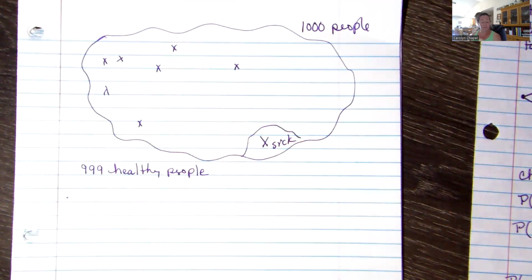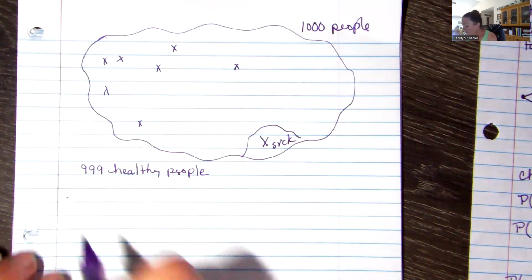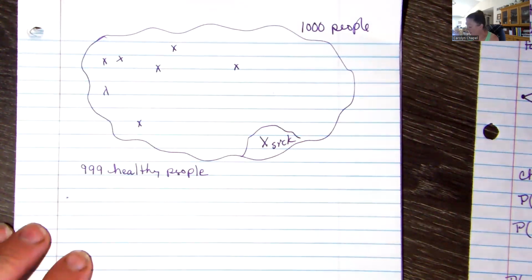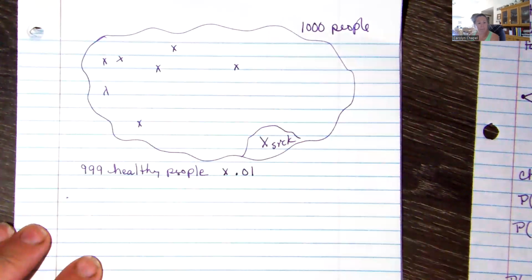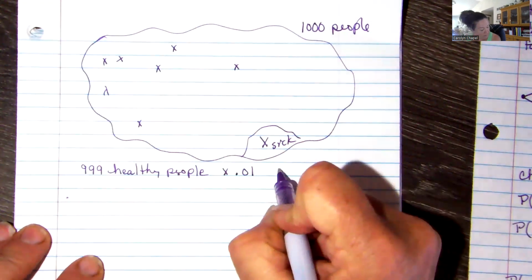Now, our test is 99% accurate, but it's also 1% inaccurate. So of those 999, we take that and multiply it by that 0.01. That's the 1% of inaccurate pieces.